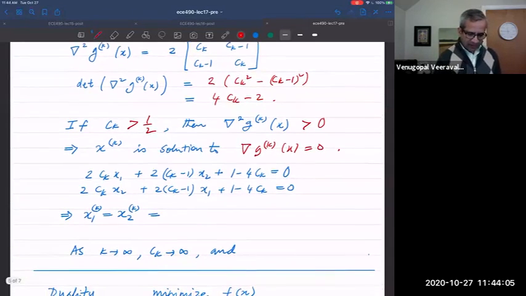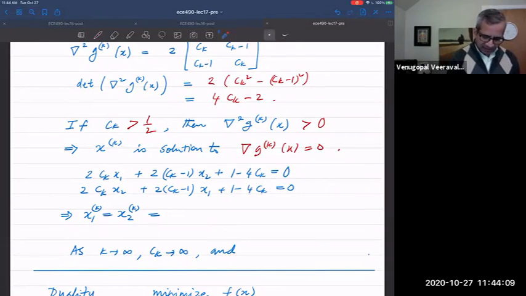And if you solve for gradient equal to 0, you get a symmetric set of equations in x1 and x2, so the solution for x1 and x2 should be the same. If you plug in x1 equal to x2 in the first equation and solve, you get that x1 equals x2, which is (4ck minus 1) divided by (4ck minus 2).